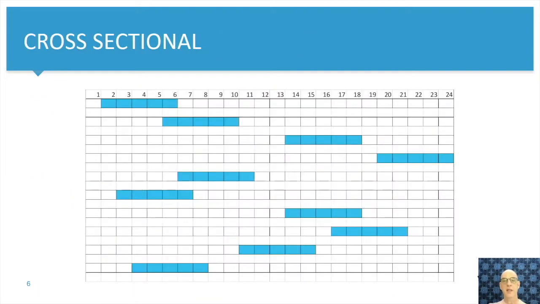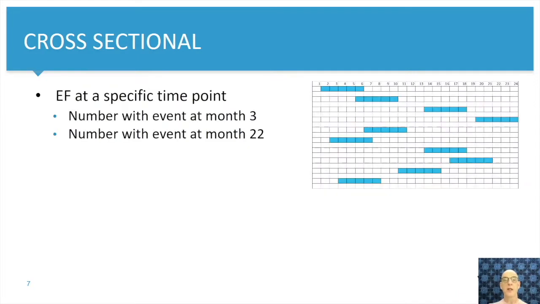In this picture, I denote the occurrences of health events of 10 individuals. The squares in blue indicate when a person is ill or remains ill. So in a cross-sectional way, we ask ourselves how many people were diseased or were having the occurrence of interest at month 3, for example, or at month 22.